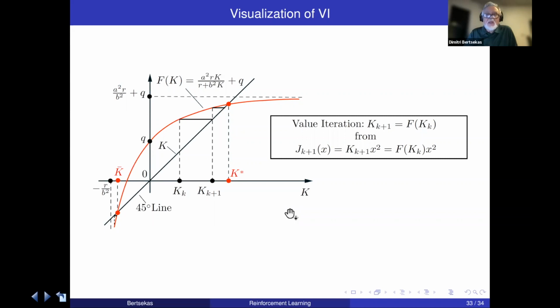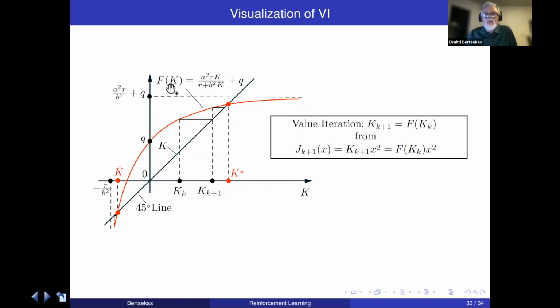So in value iteration, we start from some K0, some quadratic, and perhaps K0 equals 0, okay? Perhaps something else. And at the typical iteration, we are at Kk, the typical iterate, and we want to find Kk plus 1, the next iterate. How do we do this?